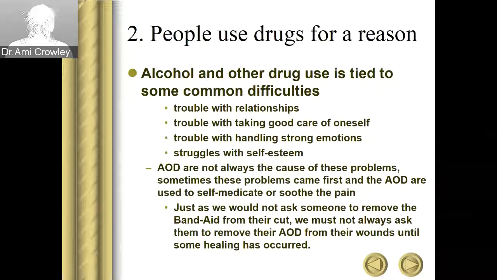So being told that you can't ever drink again, you can't ever drug again, and now you have to start developing those coping skills, puts them at a period of time where they really are without that proverbial Band-Aid to cover their wounds. And that's why we see relapse occurring so quickly after someone may attempt recovery, because they don't have the skills in place in order to help them through that transitional time.